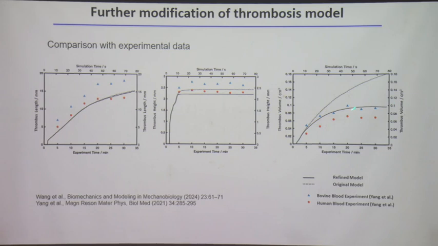So here are the experimental measurements, this is the prediction made by the modified model, and this is the prediction made by the original model. So you can see that obviously there's a large difference in the predicted volume using the original model, and the modified model had improved the agreement with the experiment.